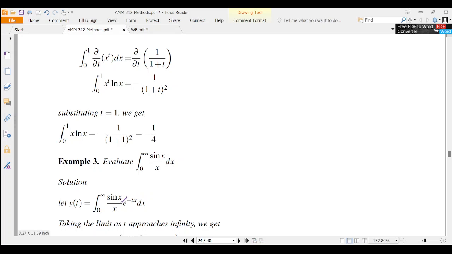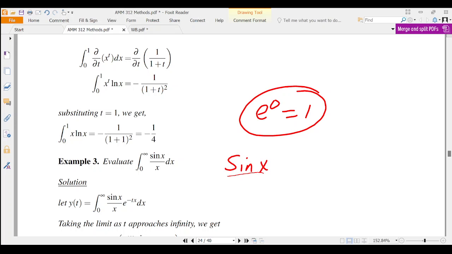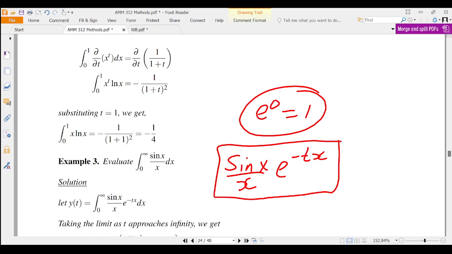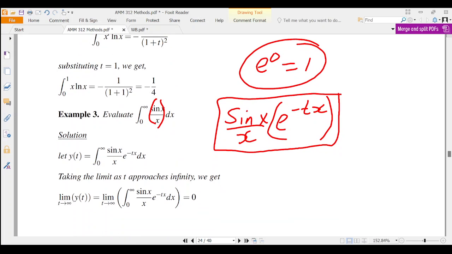Notice that if we set t as 0, e raised to power 0 is 1. So we end up with the expression we have here. To get what we have here, we just need to set t as 0.